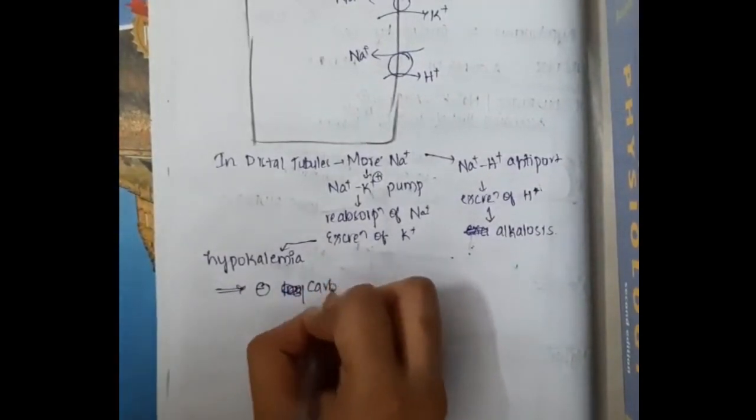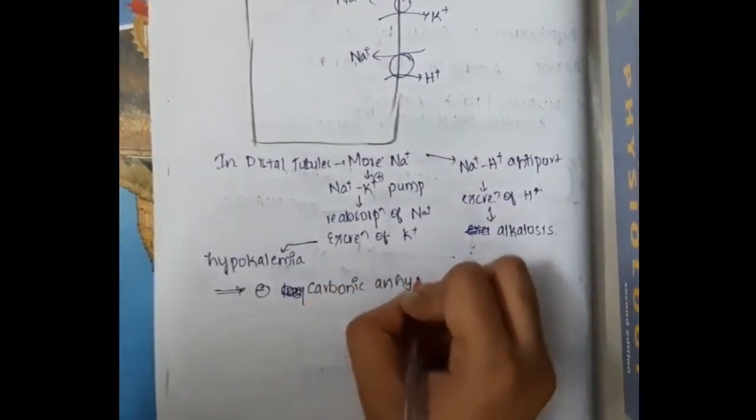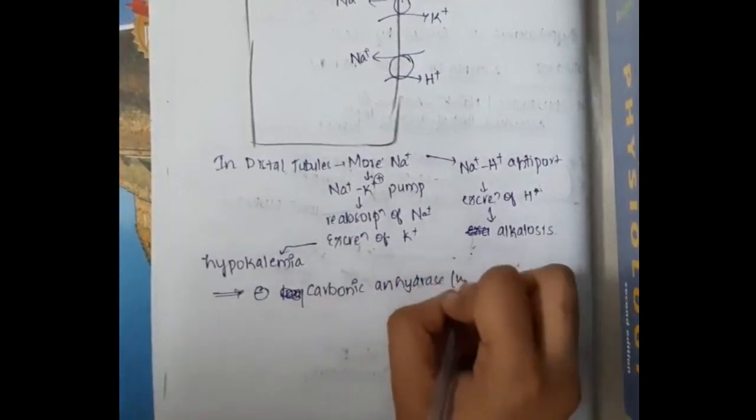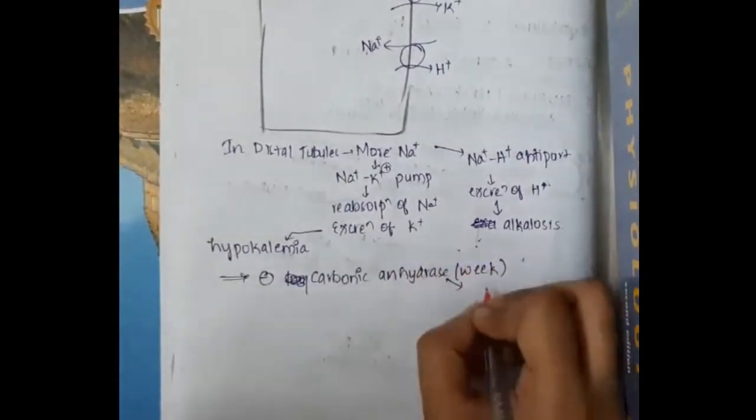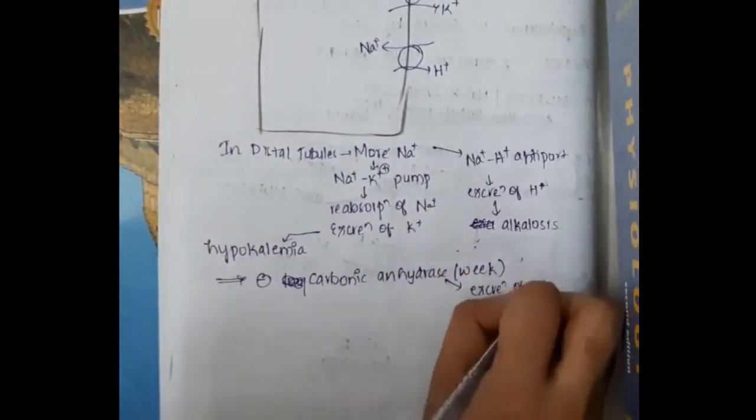Now these loop diuretics also inhibit carbonic anhydrase, but they are weak inhibitors of carbonic anhydrase.